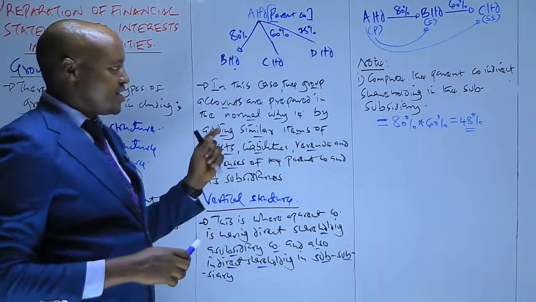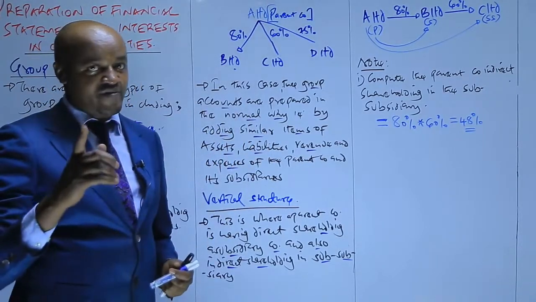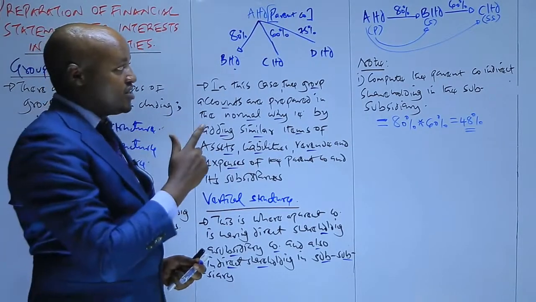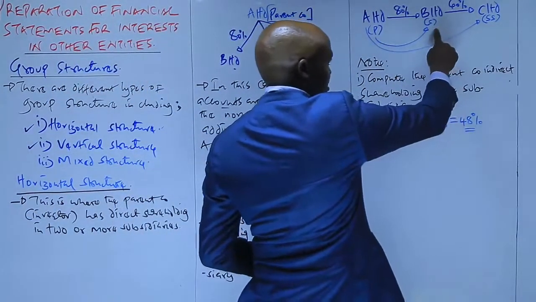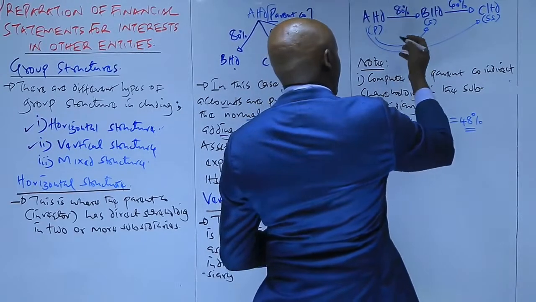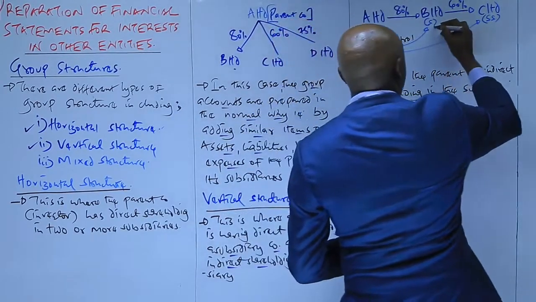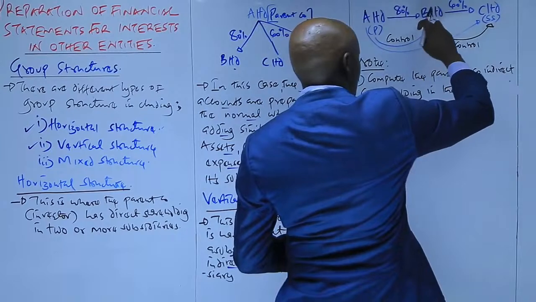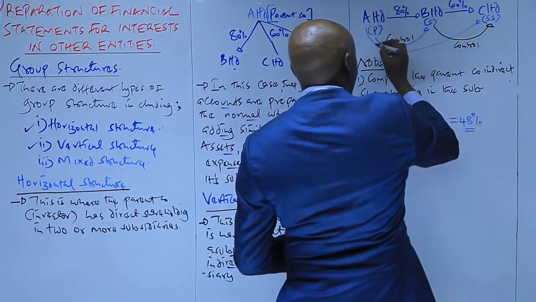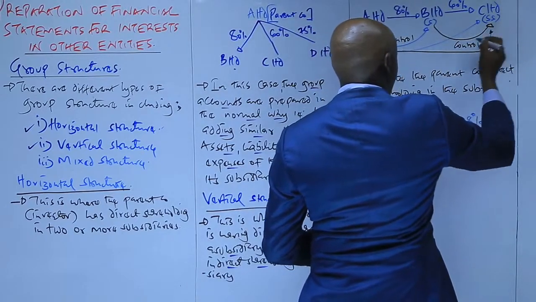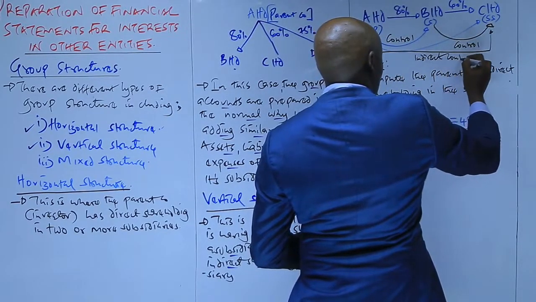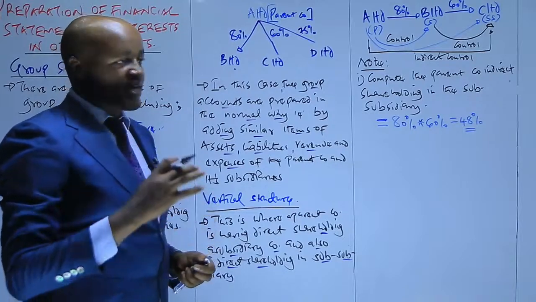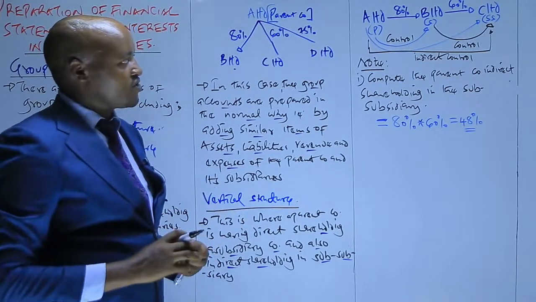But in this case, even if you get a rate which is less than 50%, still we say that the parent company is having indirect shareholding, or basically indirect control, in C Limited, simply because A Limited controls B, and then B Limited in turn controls C. And because this controls this one, and this one controls that one, then in this case we say that A Limited does have indirect control over the operating and financial decisions which will be made by C Limited, and also A Limited will be having indirect control as far as the composition of the board of directors of C Limited is concerned.